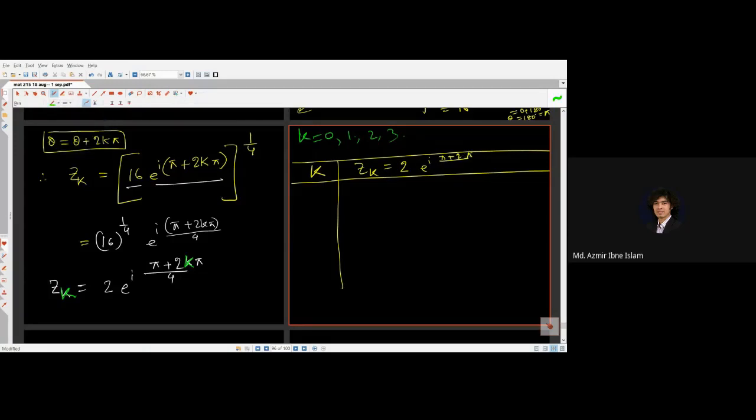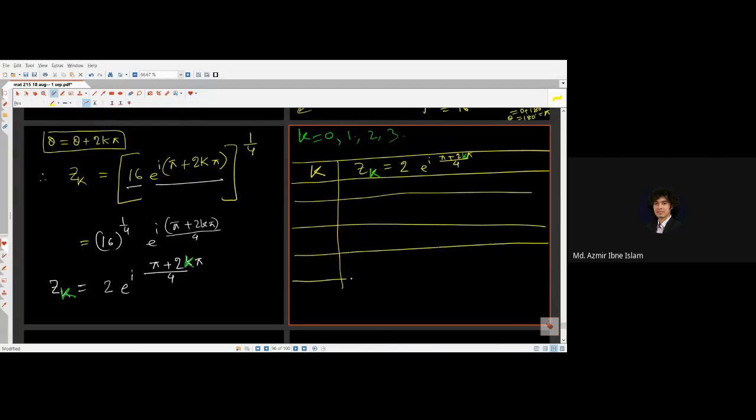I am using another color here. We have to input k. So k equal to 0, 1, 2, 3. Then we will get z0, z1, z2, z3. Is that okay?